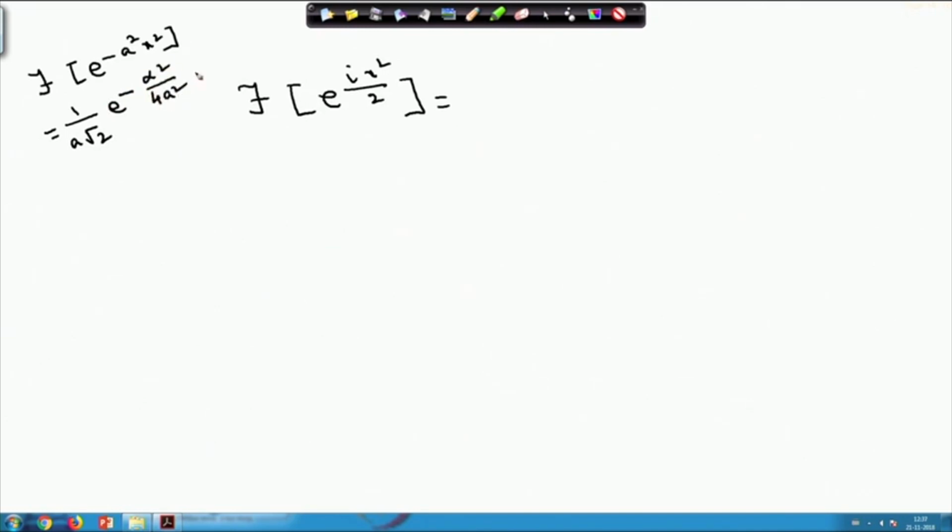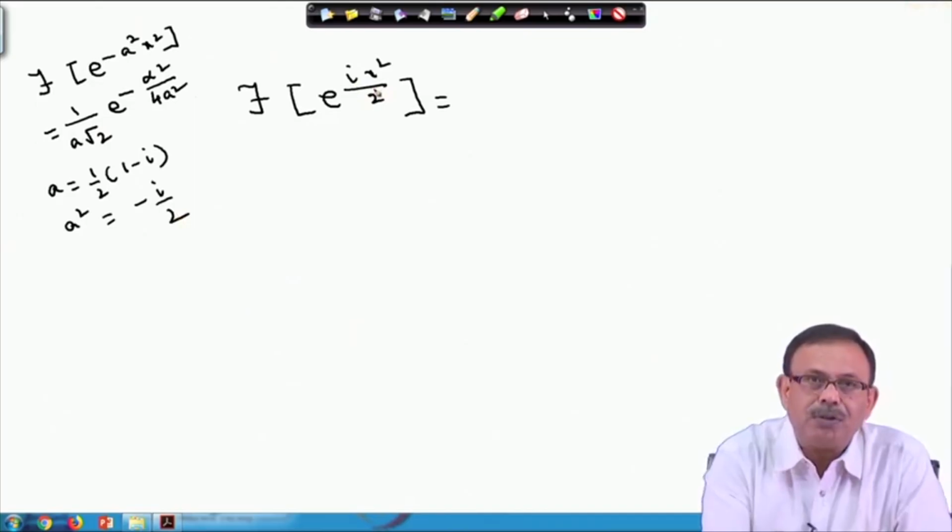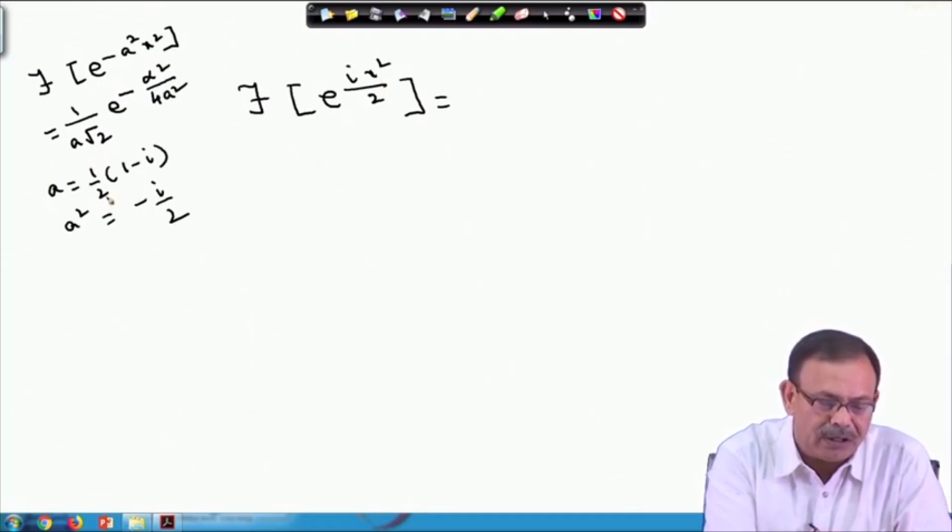Now I am substituting a equals half into 1 minus i and a square equals minus i by 2. So the exponent becomes plus i by 2 into x square, and here also you put the values of a and a square.